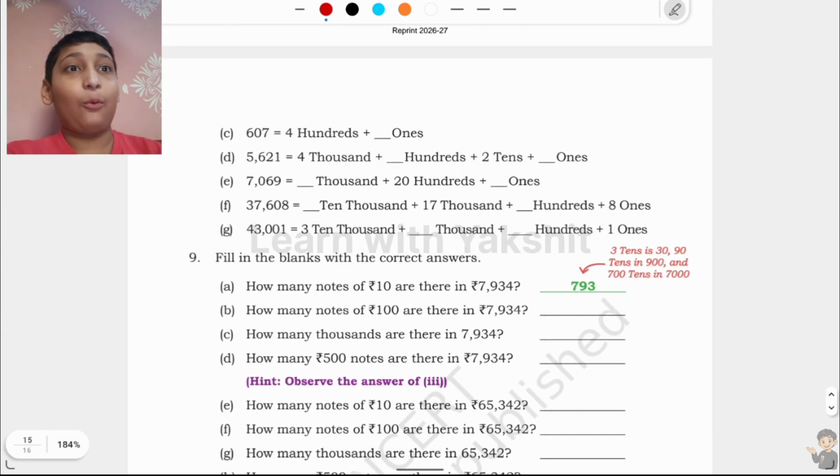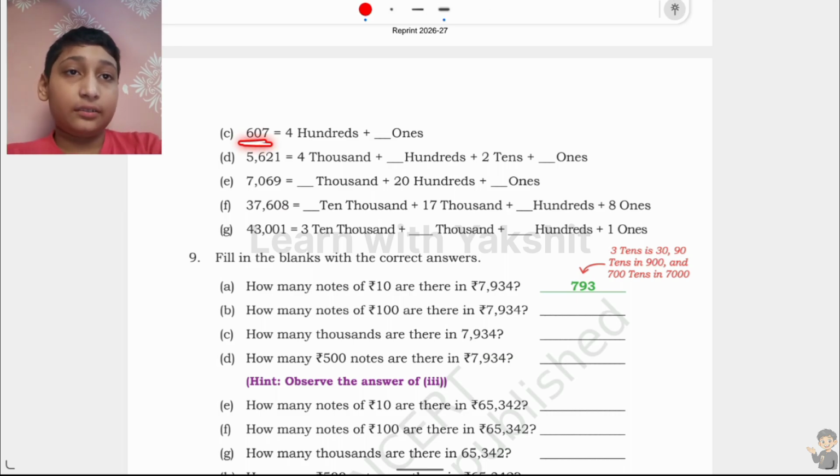Now, wow. Now, here's another one. This one. 607. Meaning just write 607 ones. No, it's not like that. There's 400s. How do you do it to make it full?